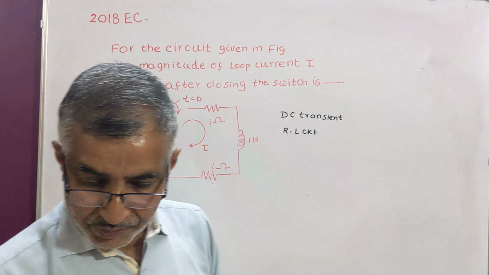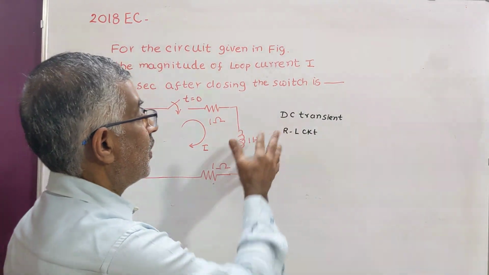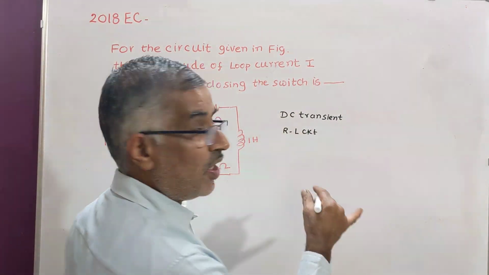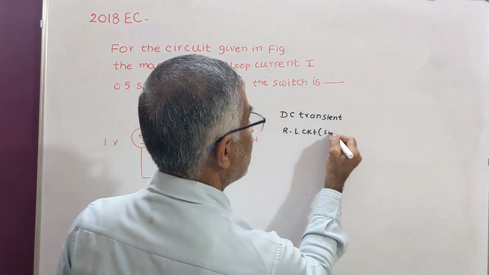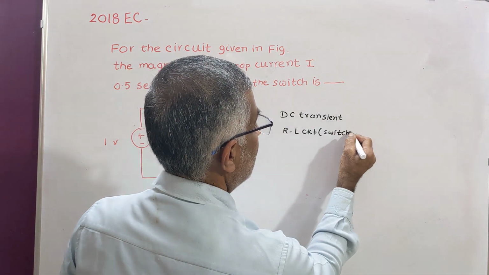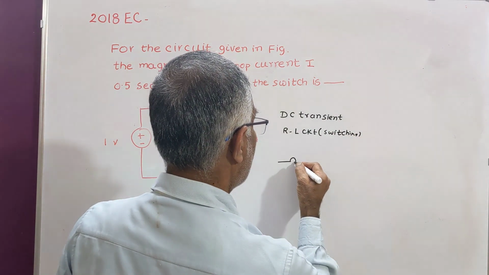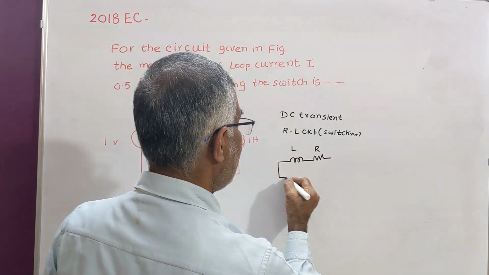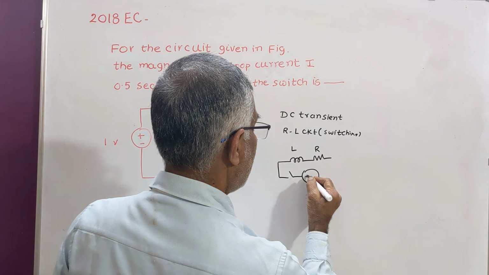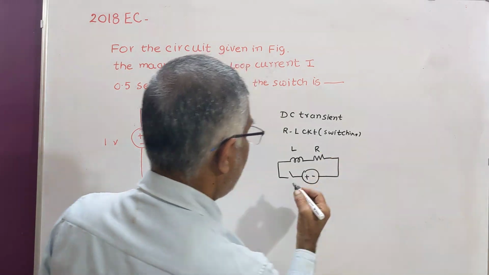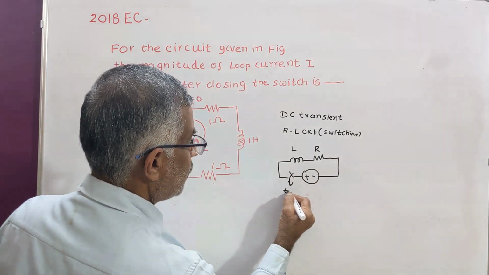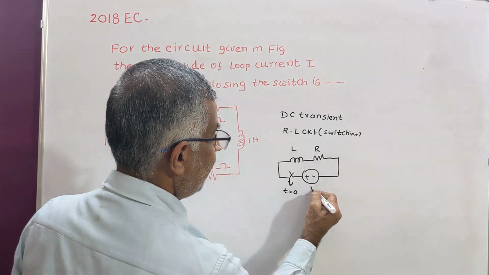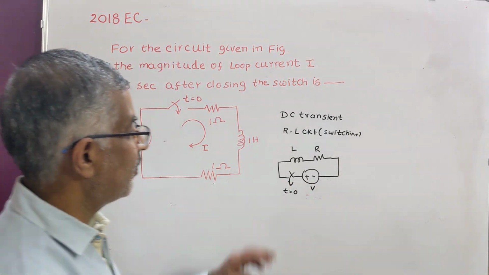I will remind the students about transients in an RL circuit during switching. During switching, if R is the resistance, L is the inductor, and the switch is closed at t equals 0 and V is the voltage, what happens?